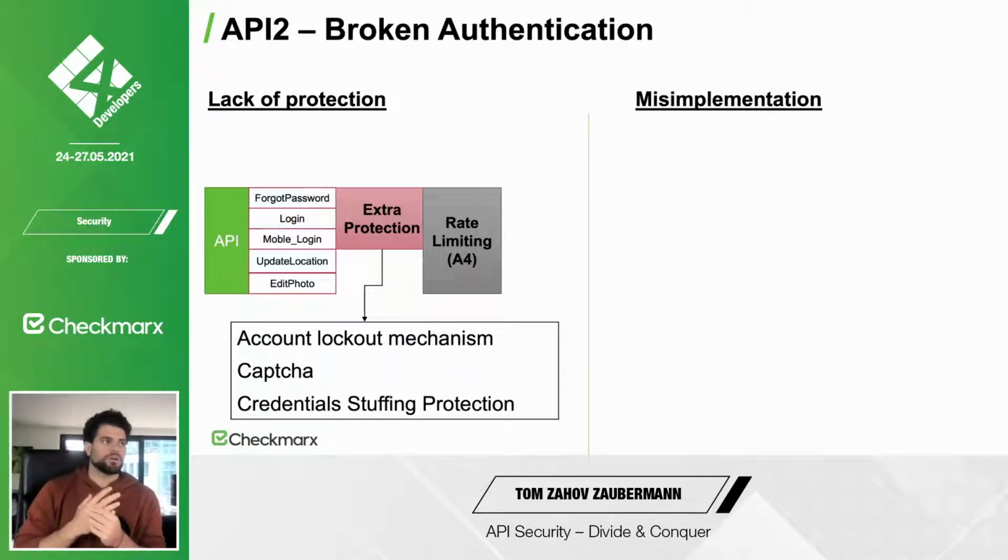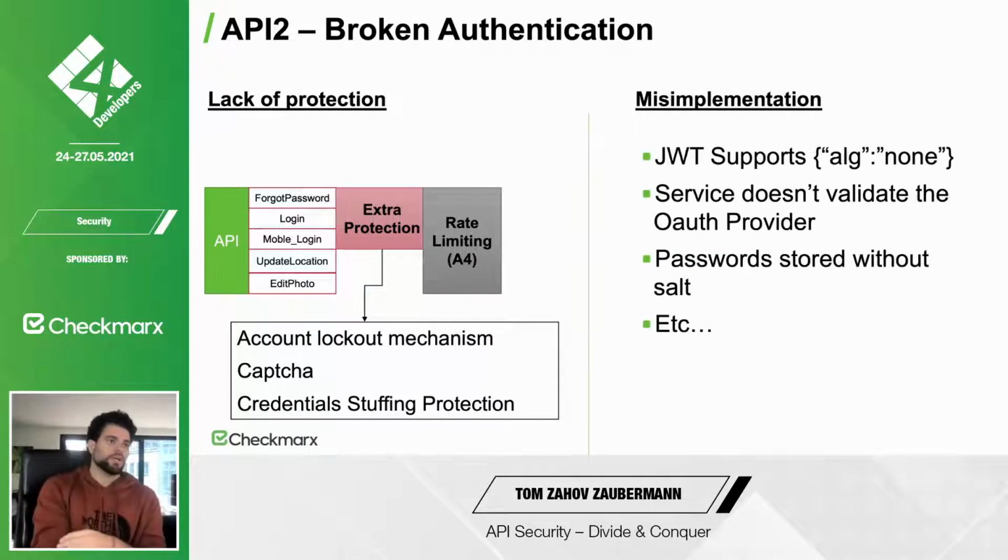These kinds of things we also see a lot: misimplementation, or lack of protection. Misimplementations like no validation of the OAuth provider. If you did OAuth, use the token or JWT or whatever, use the right algorithm, use the session.